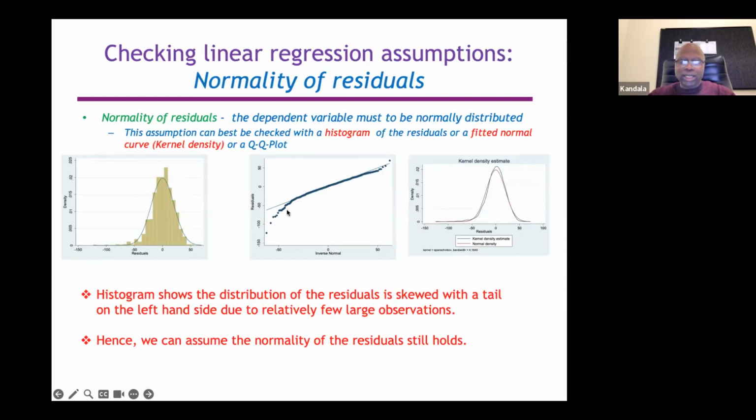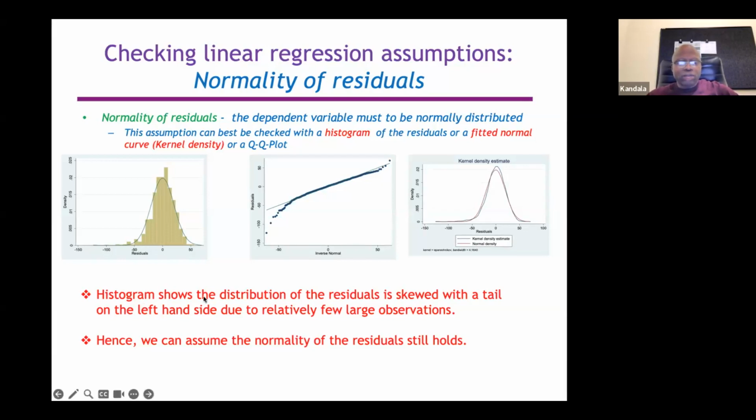This one here and this one here, but we can safely assume that most of the points lie on a 45 degree angle and lie on this straight line. So we can safely say that the residuals are normally distributed.